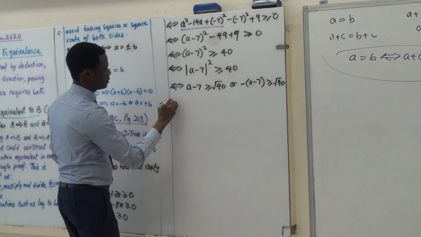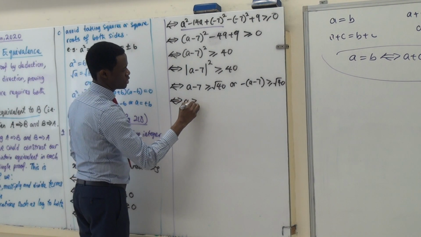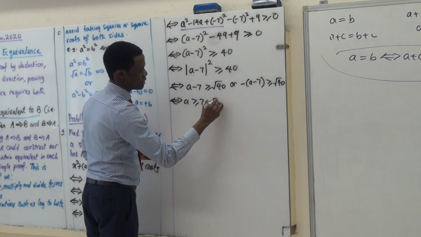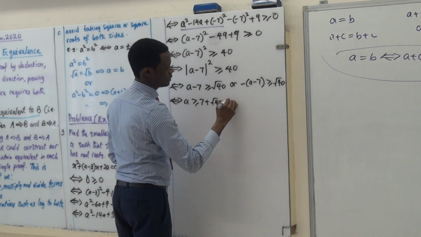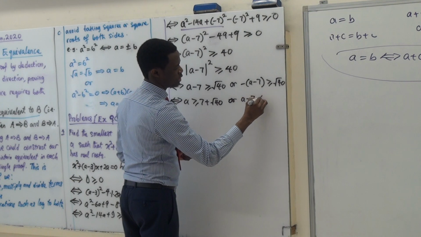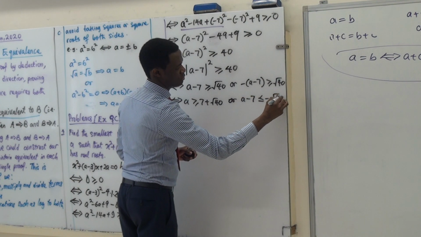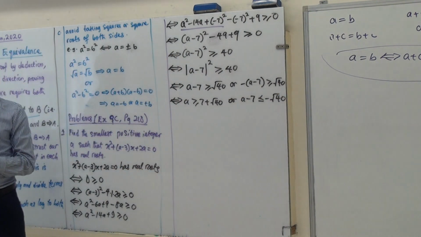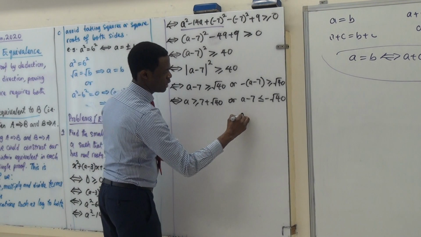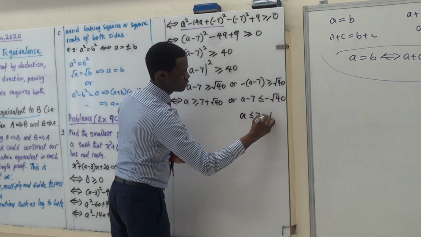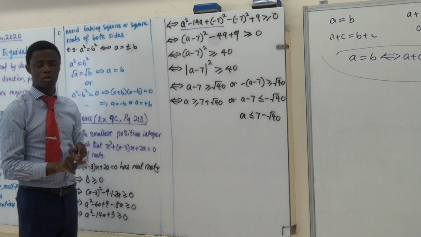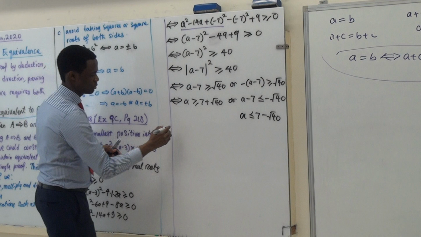So from here, a is greater than or equal to 7 plus that. But here, a minus 7 is actually less than or equal to this. Yes? Which means a is less than or equal to 7 minus that. Calculator, please. Check each of them.